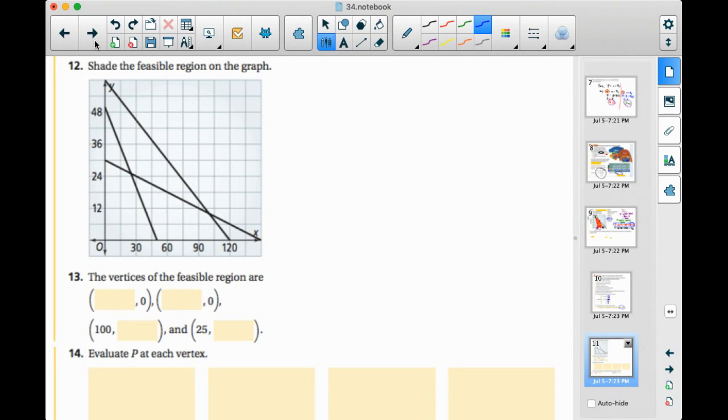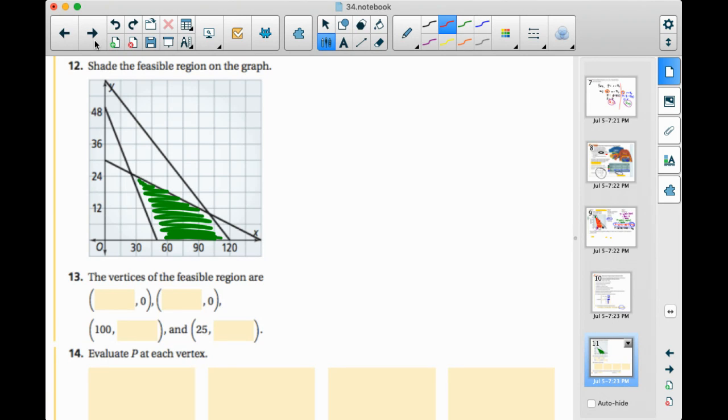Shade the feasible region. Where is the feasible region for this one? Our feasible region is right here. Okay. So let's look at our vertices.